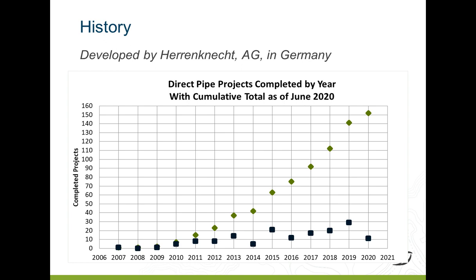So the green diamonds represent cumulative total projects. In the middle of 2020, this blue square represents about halfway through 2020, the total cumulative projects exceeded 150.